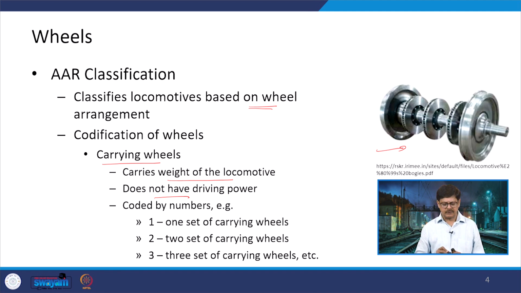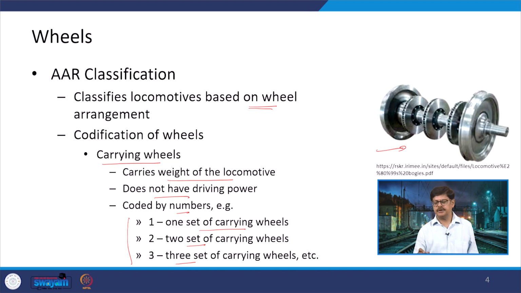Now these carrying wheels are codified by numbers, like 1, 2, 3 and so on. What do these numbers define? The number 1 defines that there is one set of carrying wheels, number 2 says there are two sets of carrying wheels, 3 says there are three sets, and so on.